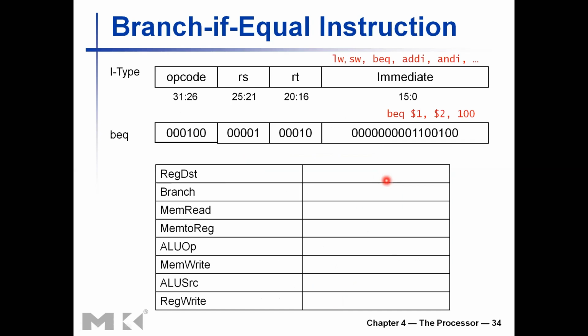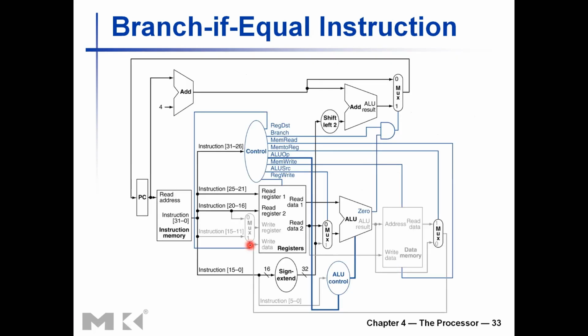Can someone tell me the values generated by the control unit on these signals? Register destination, what should be the value? What do you think? It's okay to be wrong, doesn't matter, we are still learning. What do you think? Well, you had to have 0 or 1, one of the two. Is it 0 or is it 1?